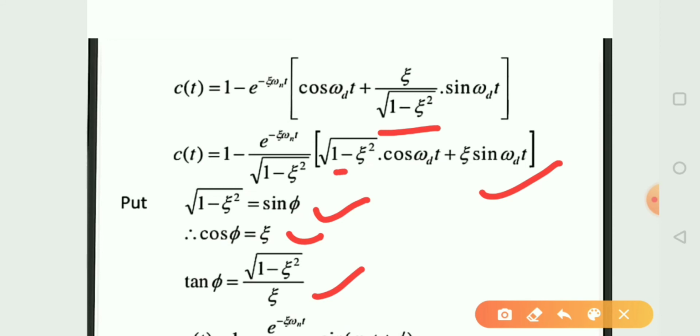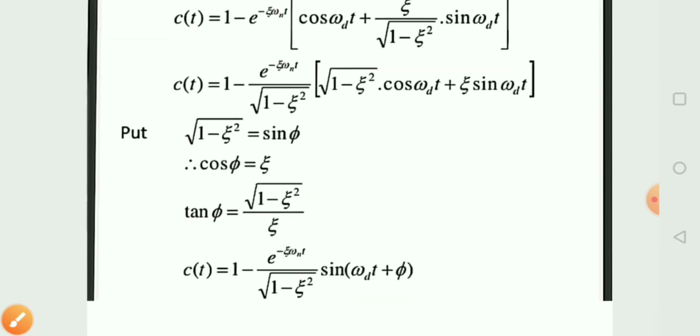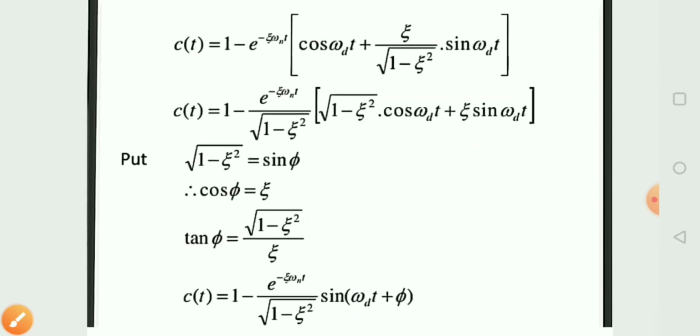If we replace these values by sin φ and cos φ, we can get the form of sin A cos B minus cos A sin B.